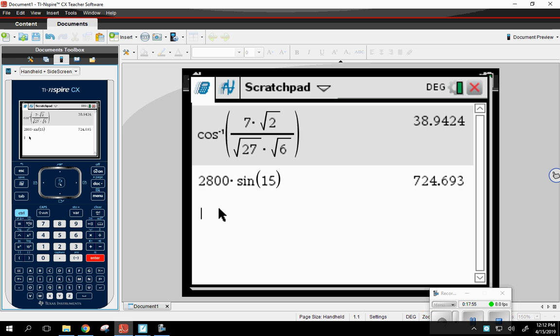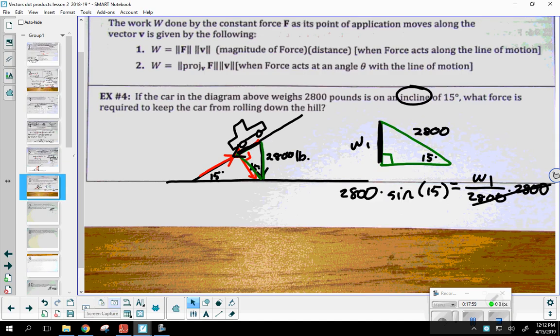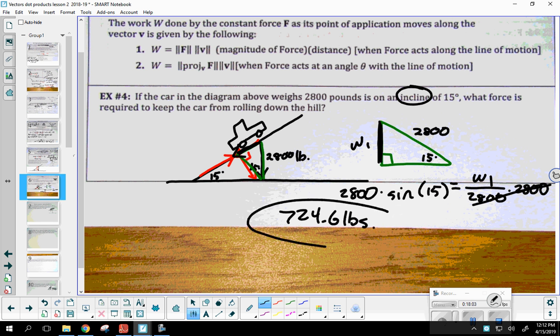Well, that's just the answer we got here, 724.6 pounds. That's it. If you have two vectors going at each other that have the exact same magnitude, they're going to cancel each other out.